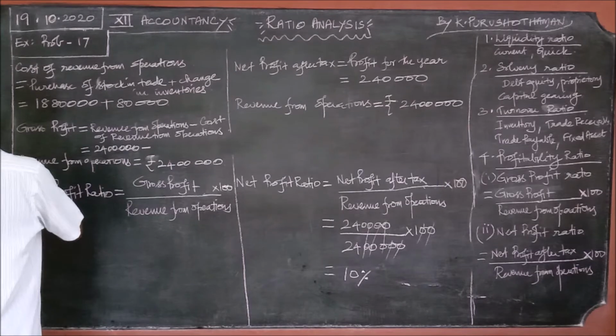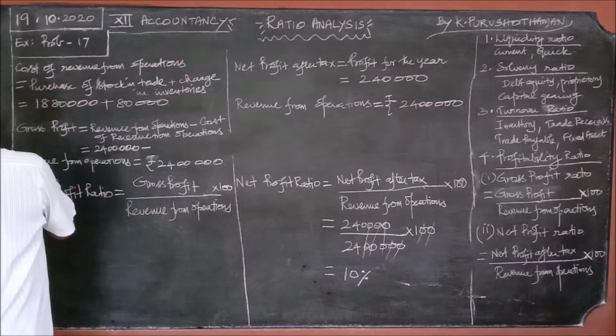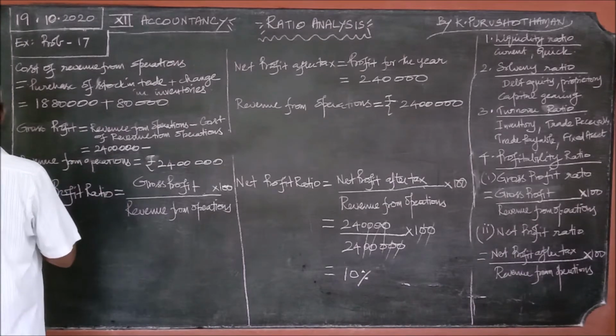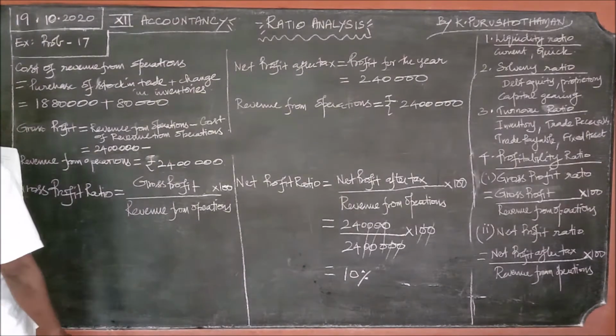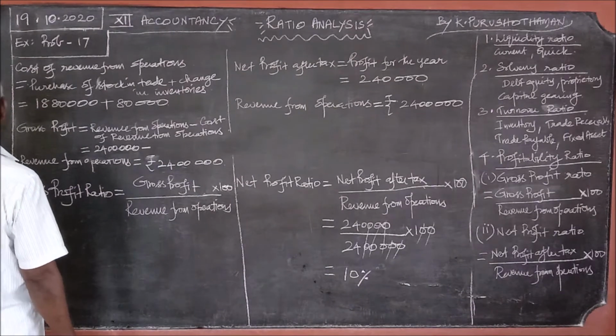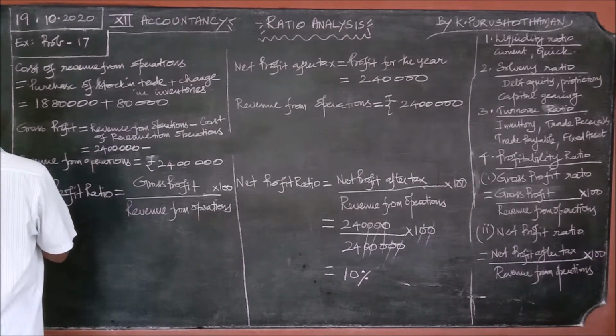We shall find it. I hope there are no difficulties in this problem. I shall do it and check the answer now. Purchase of stock in trade plus change in inventories is the formula given for finding the cost of revenue from operations.